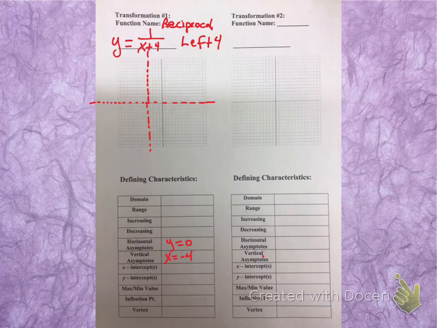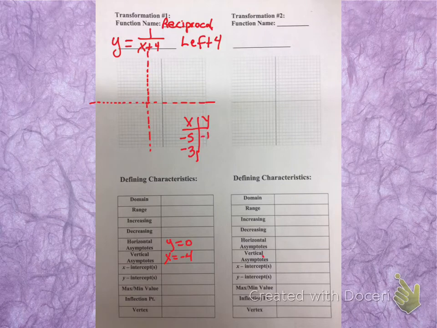And then all I'm going to do is pick a point either side of my vertical asymptote to determine what my graph looks like. So I'm going to do a little XY table. I'm going to pick a point either side of -4. So I'm going to pick -5 and -3. If I put in -5 into the function, I have 1 over -5 plus 4, so I get -1.